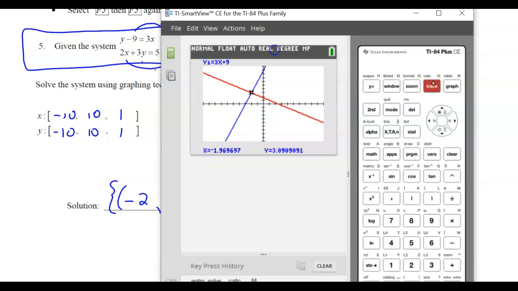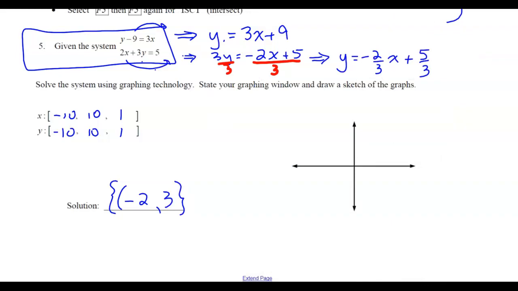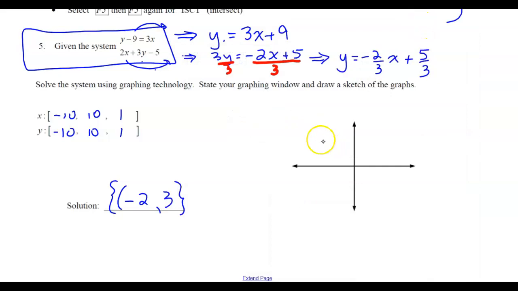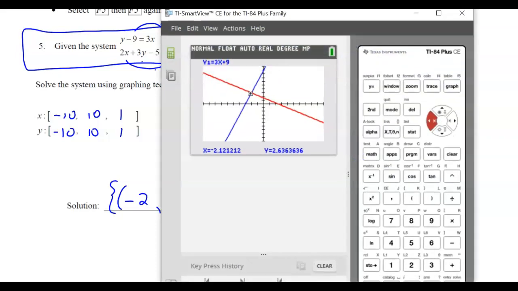Okay, don't just go trace and estimate going along the graph, because you can see I can't get on -2 here, right? So I can't find that exact point. So you have to use the intersect. And what did that look like? It was through here. And it was up there.